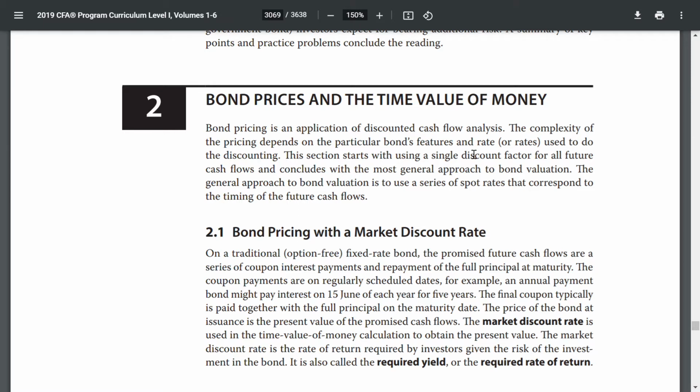The complexity of bond pricing depends on the particular bond's features and the rates used to do the discounting. This section starts with using a single discount factor for all future cash flows and concludes with the most general approach to bond valuation. The general approach to bond valuation is to use a series of spot rates that correspond to the timing of the future cash flows.